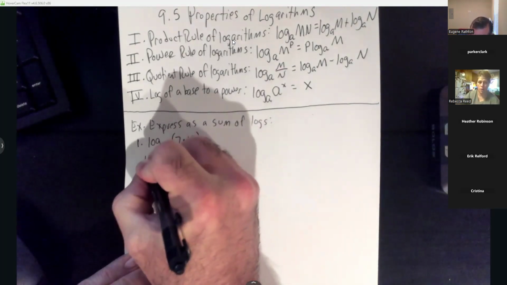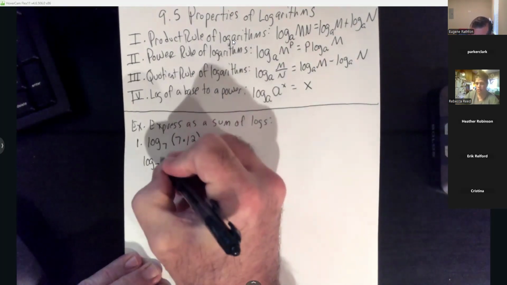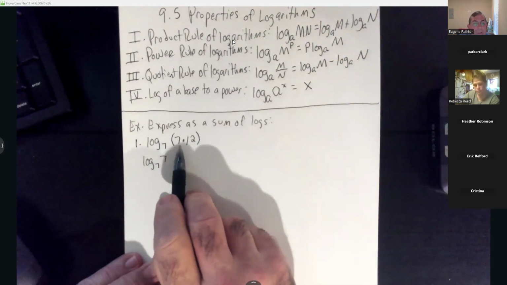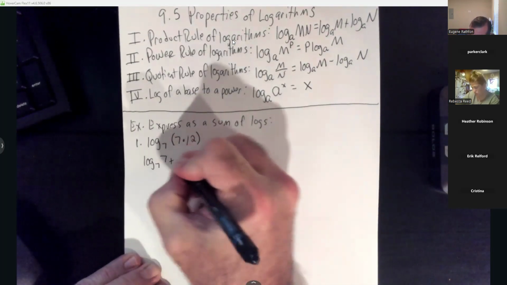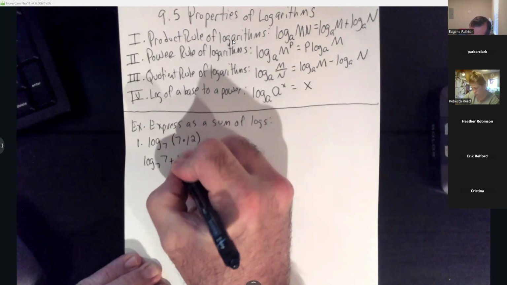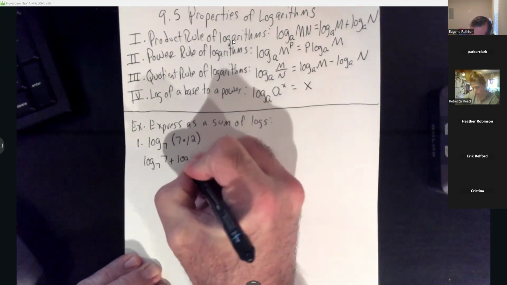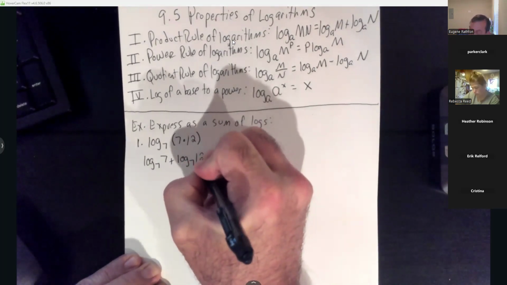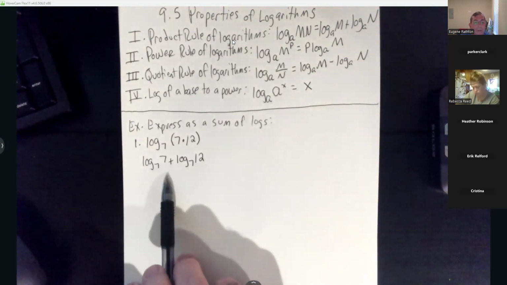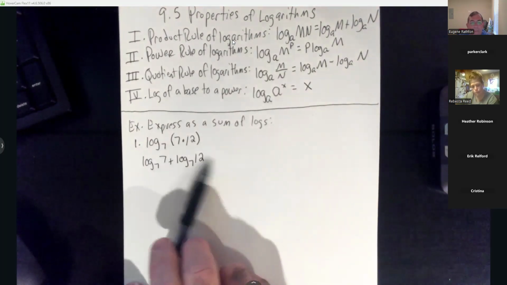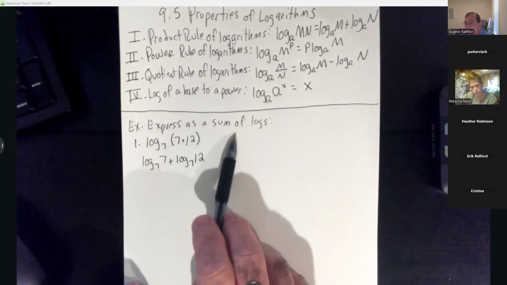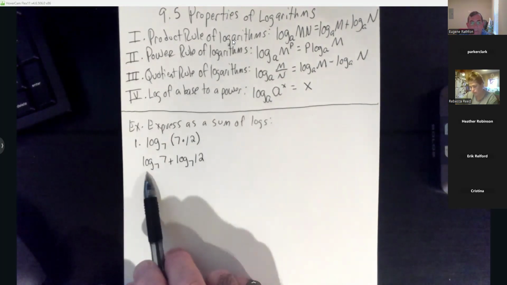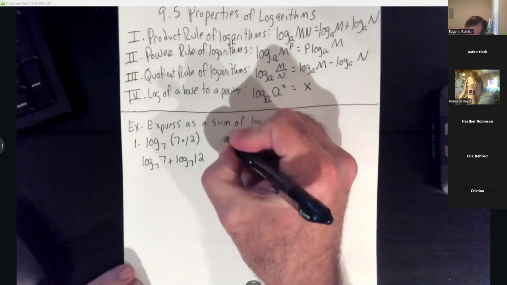So I got a log base 7 of 7. That's my first factor. Plus, distributing the log base 7 through, I get a log base 7 of 12. And we don't have to go no further. They just wanted me to express it as a sum of logs. And y'all, we've done that. So we'll go to number 2 now.